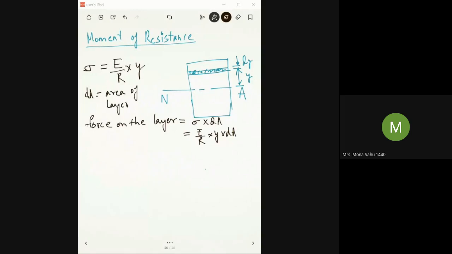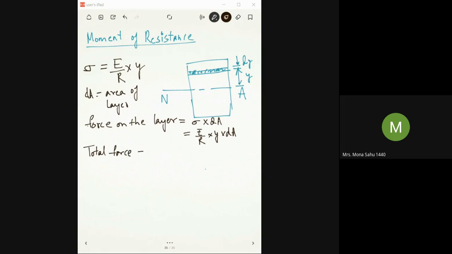So this is on that particular layer. If you want to calculate the total force on the full section of the beam, you guys already know this, I'm just doing a recap, you just have to integrate it, correct?